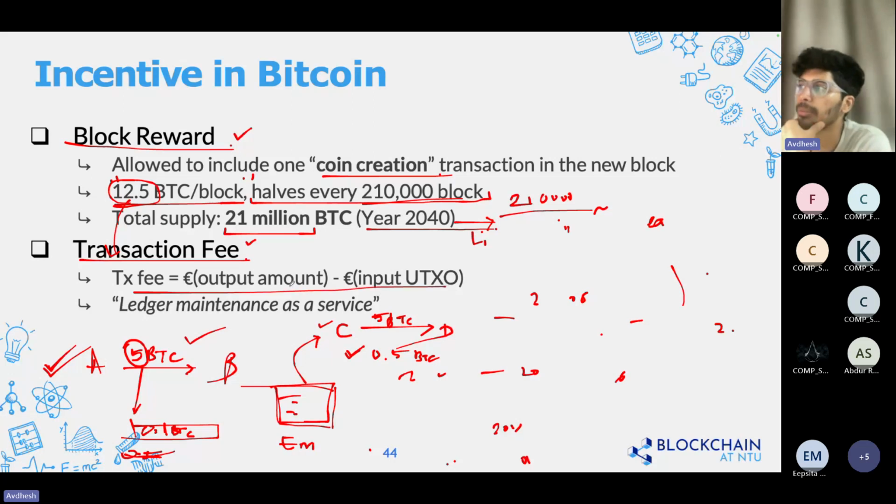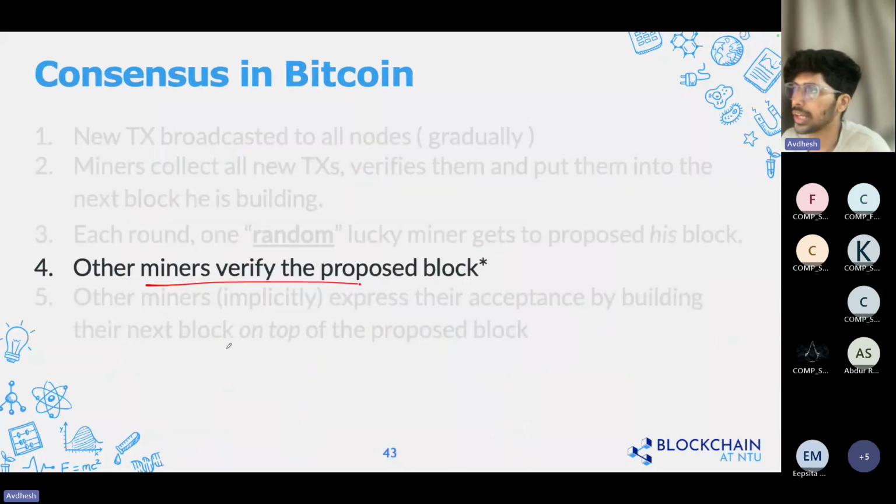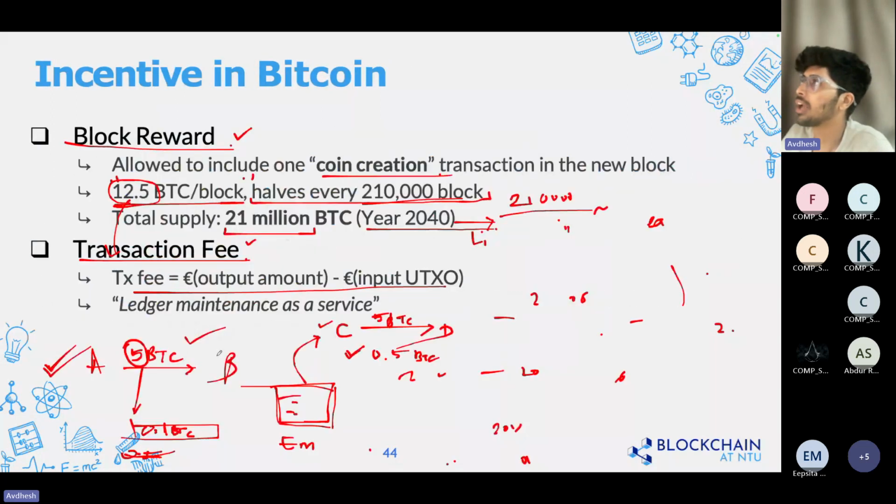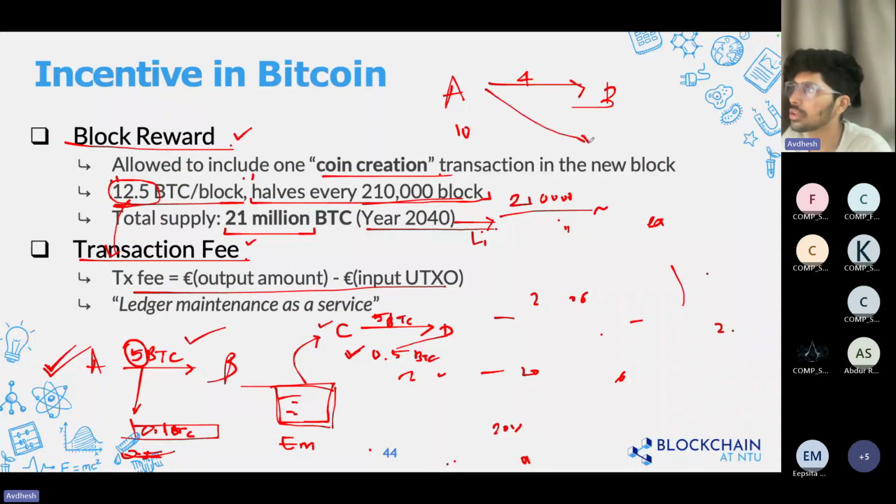This is a formula: output amount minus input UTXO, which is like I just said, right? If Alice has 10, she wants to send Bob 4 Bitcoin. The UTXO will be 6, right?